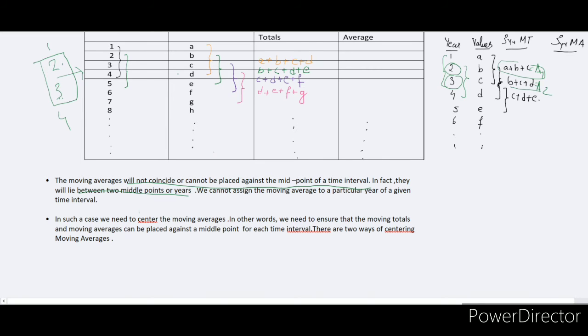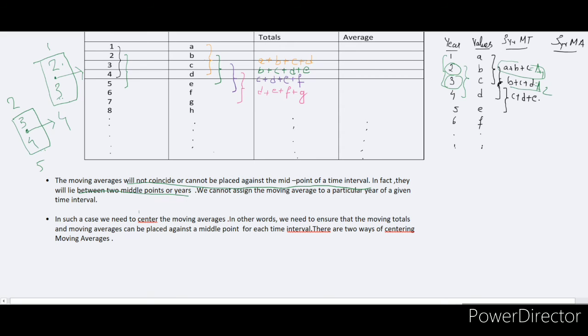If you look at the next group of 4 years, 2, 3, 4, 5, these are your middle years, and your value will lie somewhere in between these 2 middle years. So we cannot assign the moving average value to a particular year, because it lies exactly in the middle.